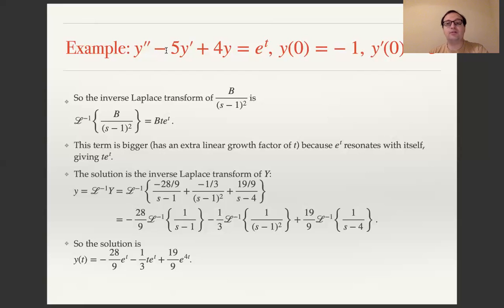This is how a solution could behave with or without a source term on the right-hand side. So you would always have e to the t. And now e to the t on the right-hand side resonates with that. And therefore, it induces extra growth and gives us a term of t times e to the t. So because of the resonance, this term is bigger than expected. It is t e to the t instead of e to the t.